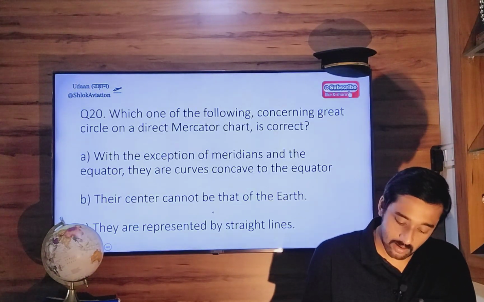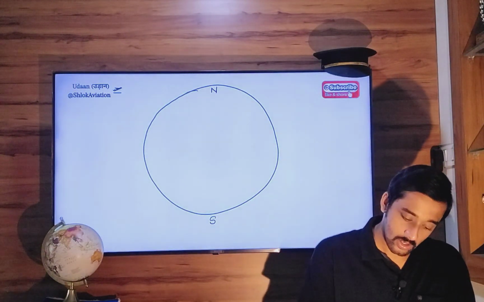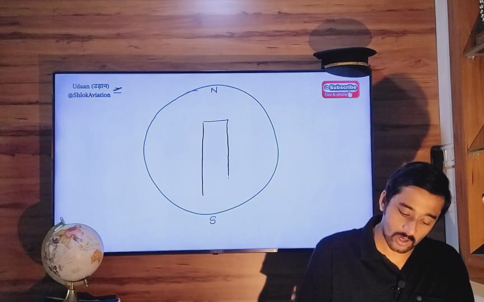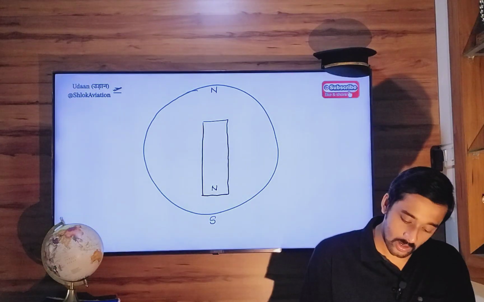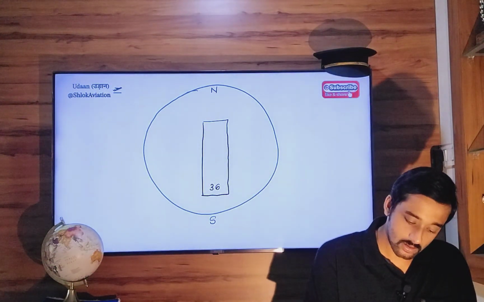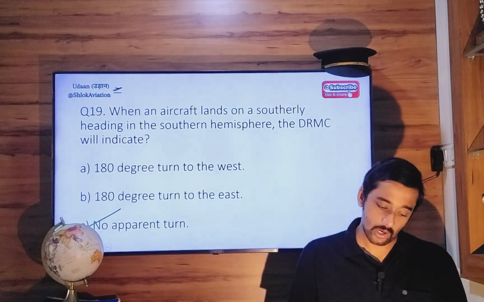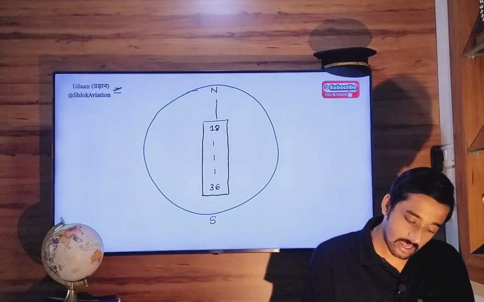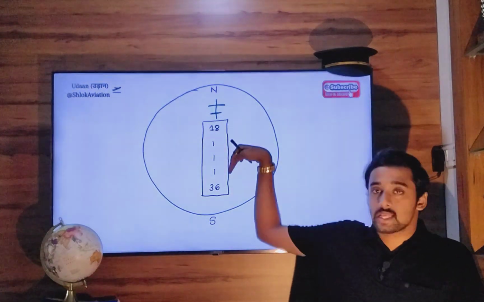Now the runway is oriented north and south. When you are landing on runway 18, your aircraft is landing on runway 18 like this.